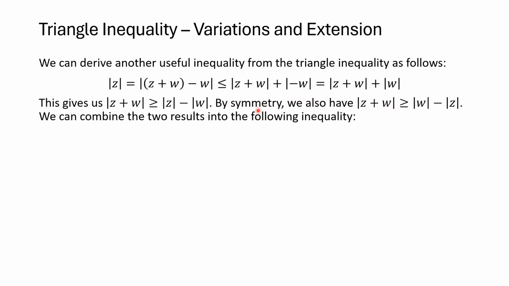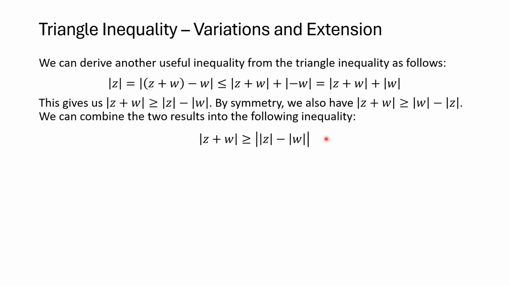And by symmetry, we could have just switched the order of the w and the z, and we also get this expression here. So putting this and this together, we can write it this way. The modulus of z plus w is greater than or equal to basically the absolute value of the modulus of z minus the modulus of w.